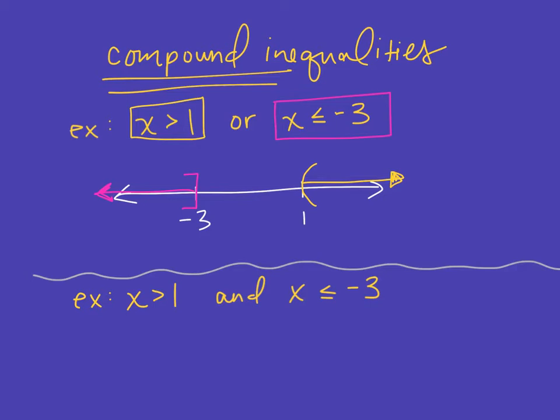If we wanted to write it in interval notation, we can use our graph and say this interval is from -infinity all the way up to and including -3. Then we put a union symbol for or, and our next one goes from 1, not including 1, all the way to infinity. This is how we write this final solution set in interval notation.